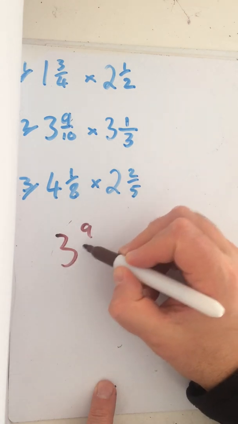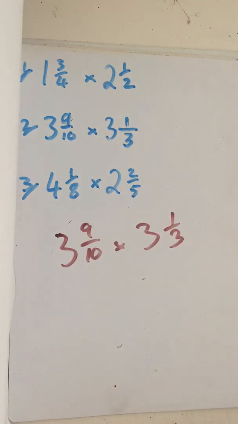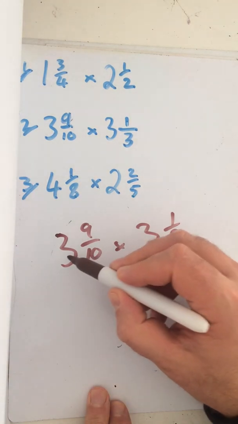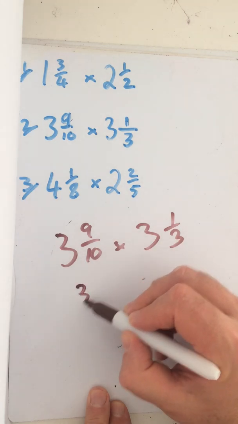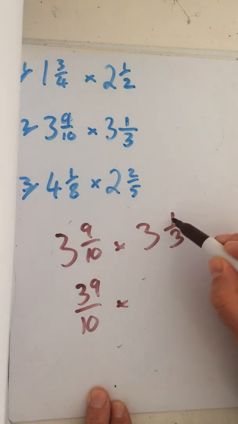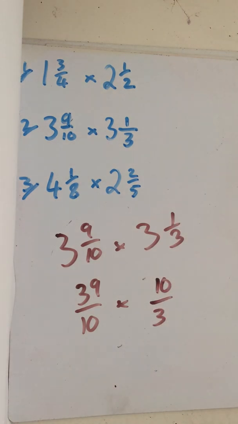3 and 9/10 times 3 and 1/3. So I'm going to put them into improper fractions. 10 times 3 is 30 and 9 is 39, so it becomes 39/10 times 3 times 3 is 9 and 1 is 10. 10/3. Good opportunity here for cross simplification.